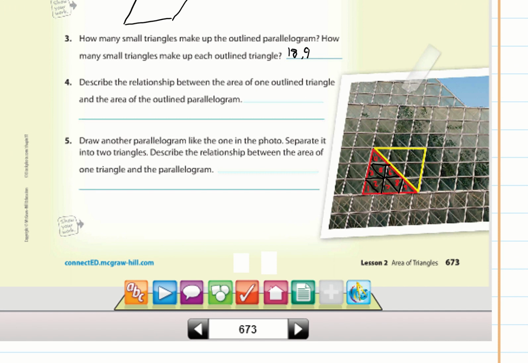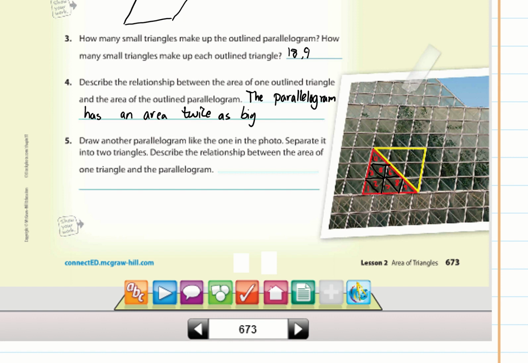Describe the relationship between the area of one outlined triangle and the area of the outlined parallelogram. If I look at the relationship, the parallelogram has an area twice as big, because it's 18 to 9.